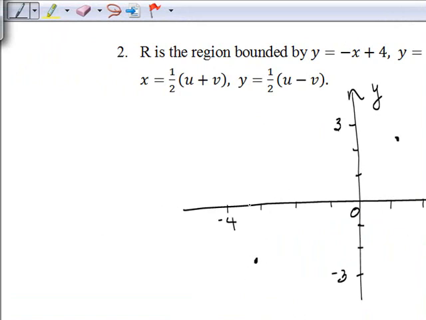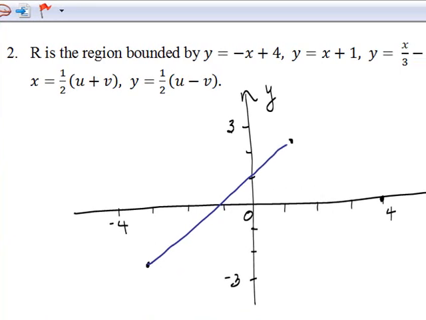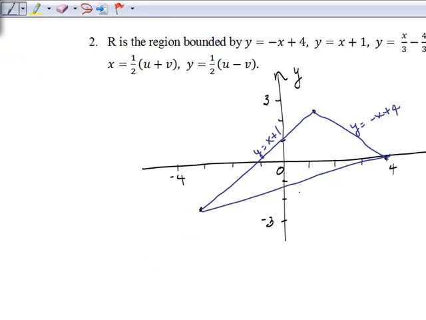Okay, and so let me draw it in blue. So this line here is y equals x plus 1. This one here is y equals minus x plus 4. And this one here is y equals x over 3 minus 4 over 3. And this is the region R.